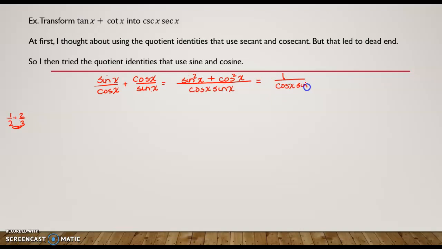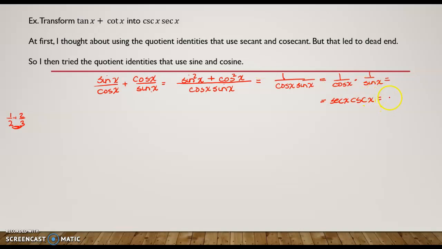And because this is multiplied and it got a 1 on top, I can split this up. 1 over cosine x times 1 over sine x, which is going to be 1 over cosine is secant, and 1 over sine is cosecant.